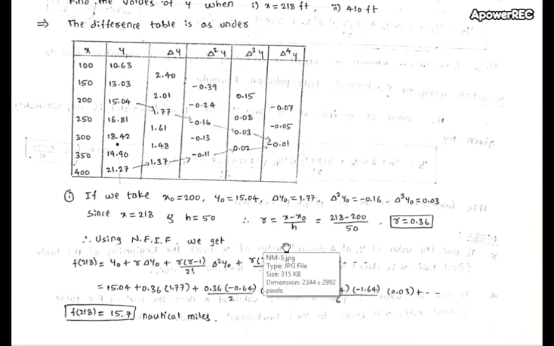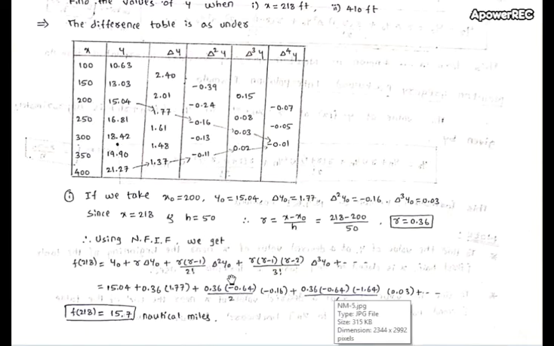Then the r value for the forward difference formula is x minus x naught divided by h. So x is the given value 218, and h means the difference: 150 minus 100 is 50, 200 minus 150 is 50. So the h value is 50.